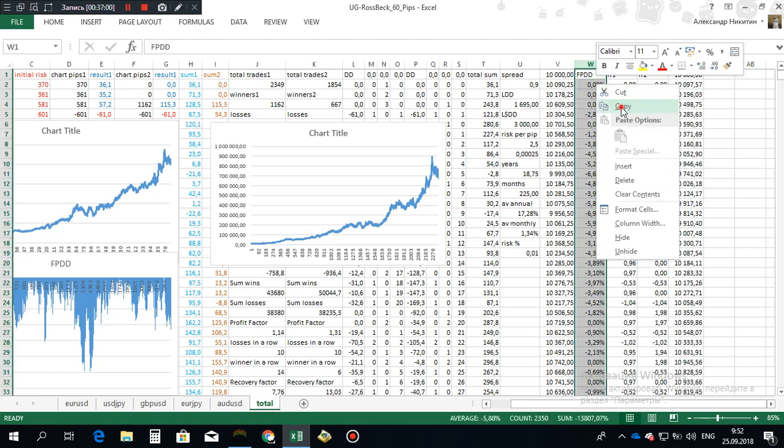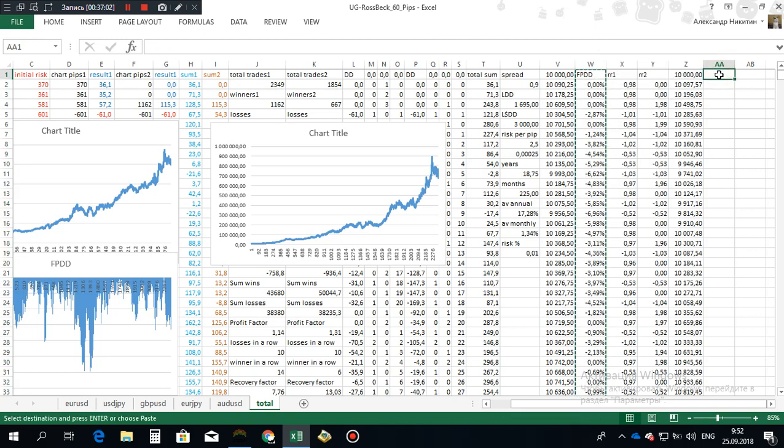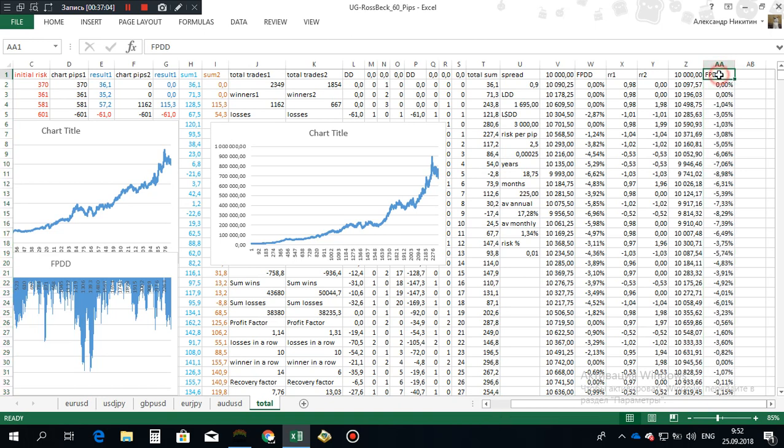So let's copy this drawdown formulas and paste it here. Let's rename it, and it would be fixed fraction, percent fraction, whatever you call it, of your account at a fixed position, and this one is fixed fraction. And here we're calculating the Z column.